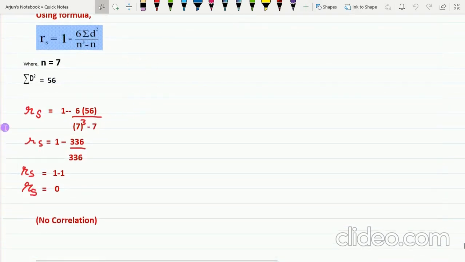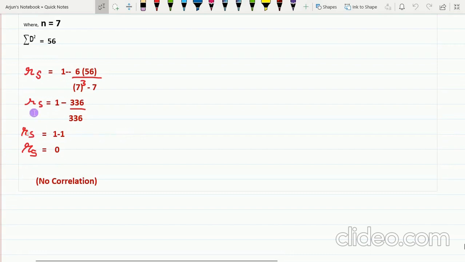Rs is Spearman's rho, this is the symbol of Spearman's rho, equal to 1 minus 6 times 56 (sigma d square is 56), upon 7 cube minus 7 (n is 7). After this, when you calculate, you will get 336 upon 336.